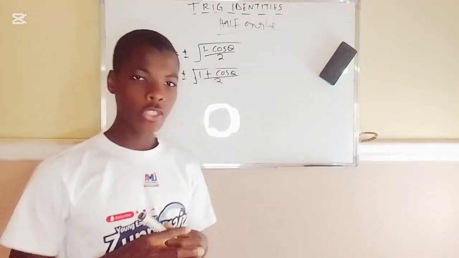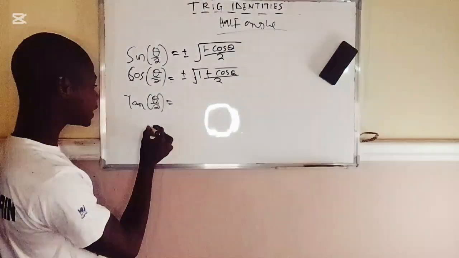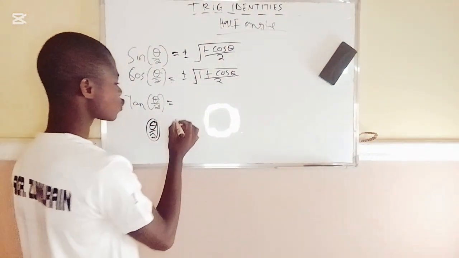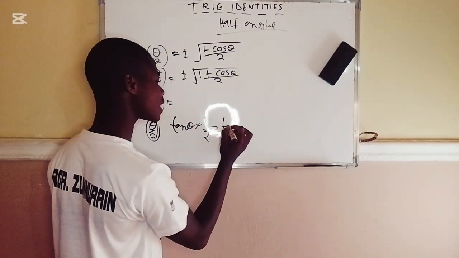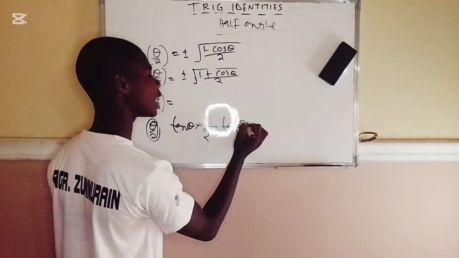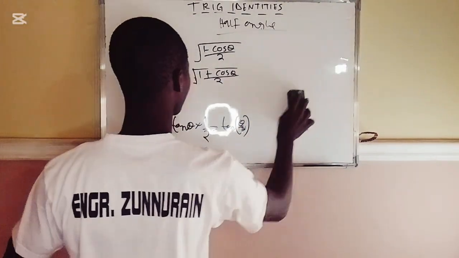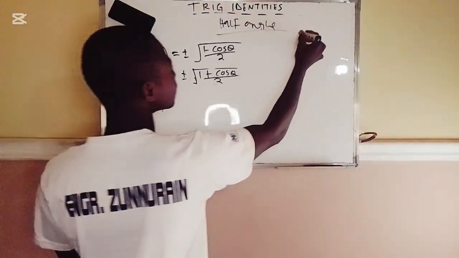So if I'm going to find the formula for tan, the reason why we say theta over 2 is that we are dealing with half angles. Whenever I say tan of theta multiplied by half, it is the same thing as saying tan of theta divided by 2.